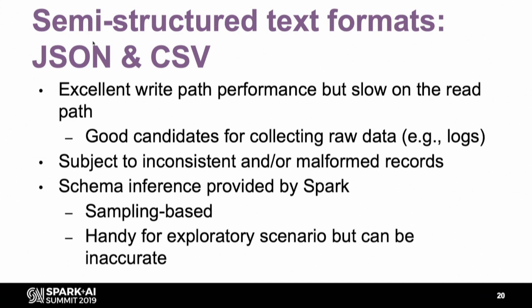The write performance of JSON and CSV is excellent, but the read performance is relatively slow. JSON and CSV are semi-structured, and the file itself doesn't describe the actual schema. Spark provides schema inference for JSON and CSV, but it's sampling based, and it may not be accurate.